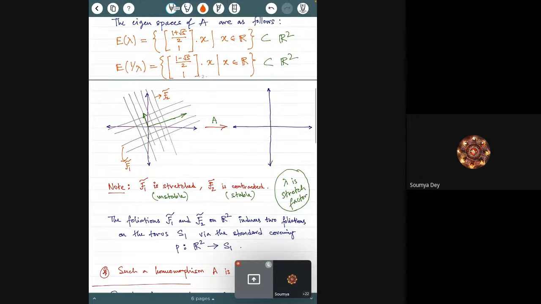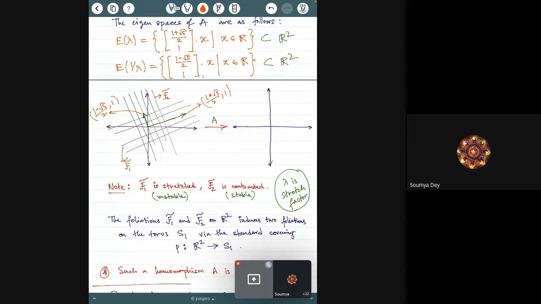At first we draw these vectors, ((1 plus root 5) by 2, 1) and ((1 minus root 5) by 2, 1).